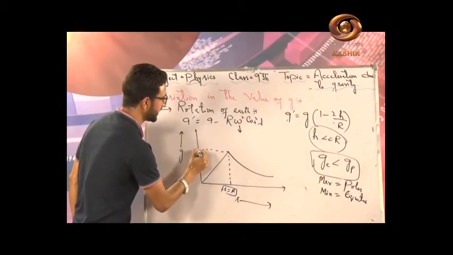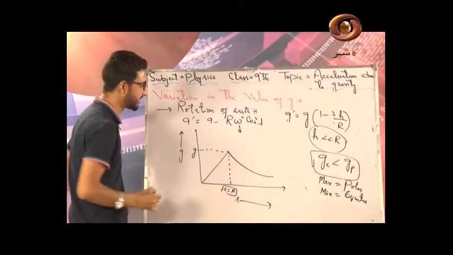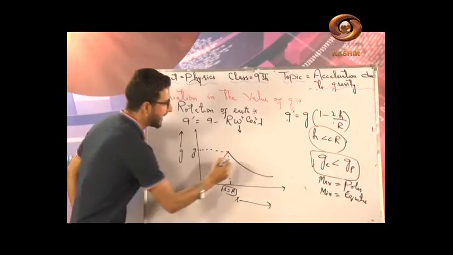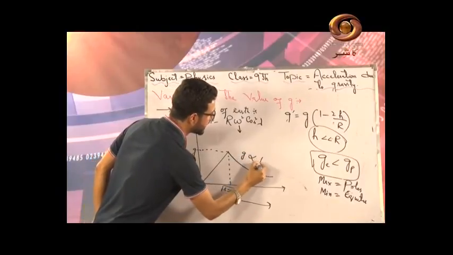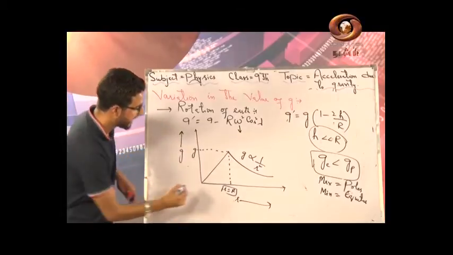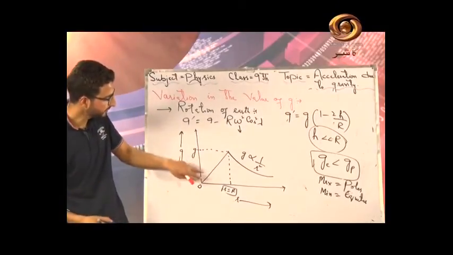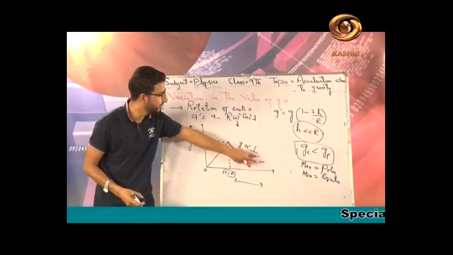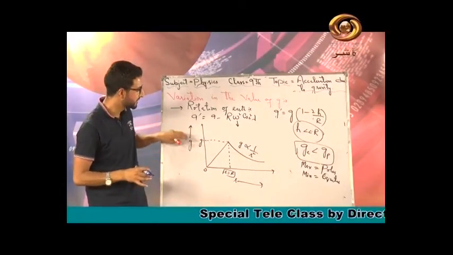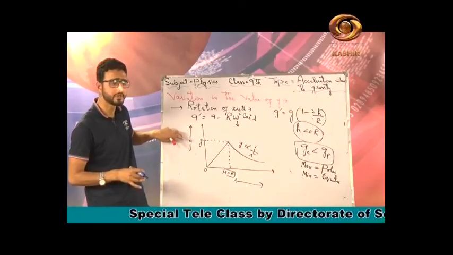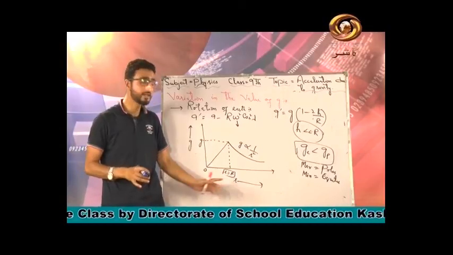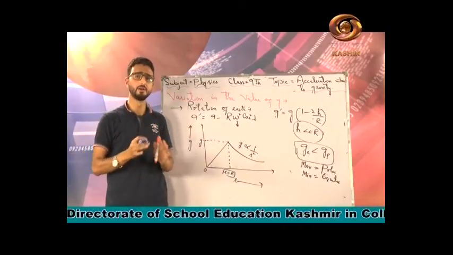At this point g is equal to the acceleration due to gravity on the surface of earth, and then it goes on decreasing as per the inverse square relationship. So this is the variation of acceleration due to gravity with distance r, but remember here one thing, this r is from the center of the earth, right?